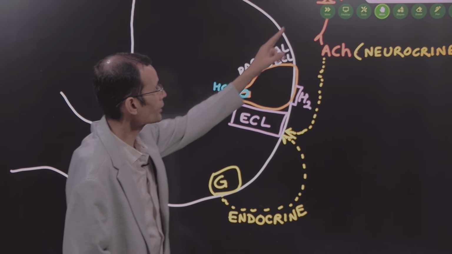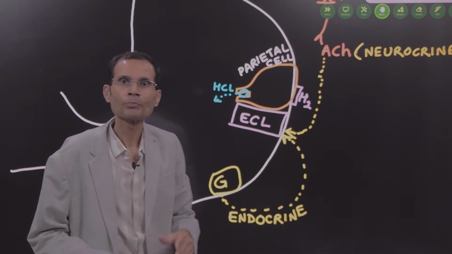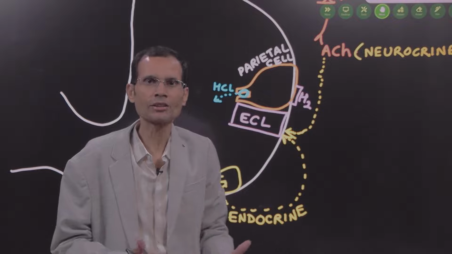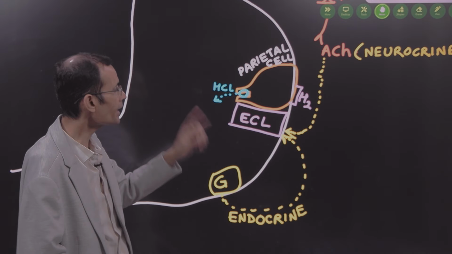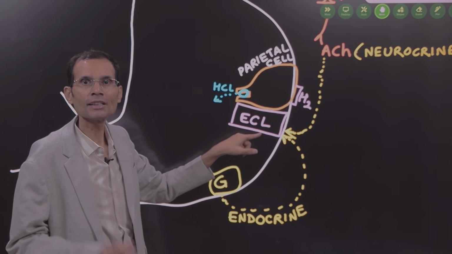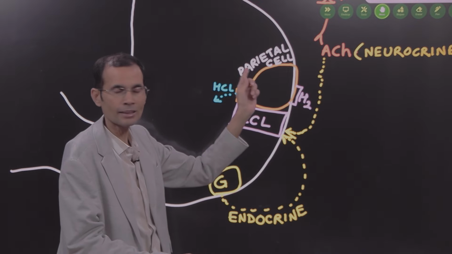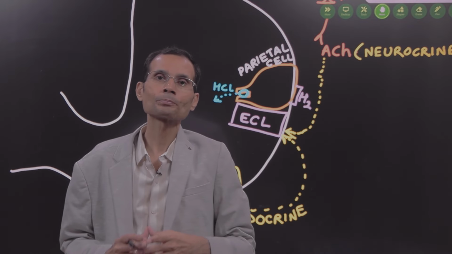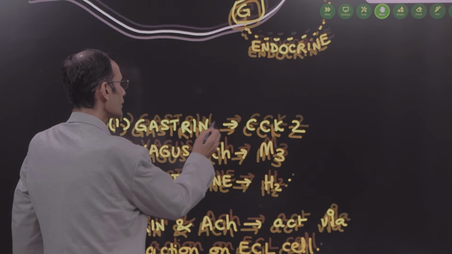Mind you, the vagus and acetylcholine and the gastrin have their independent actions on the parietal cell, but their more potent action is via causing release of histamine from the ECL cell, and that histamine causes HCl secretion. So that is where our answer lies.